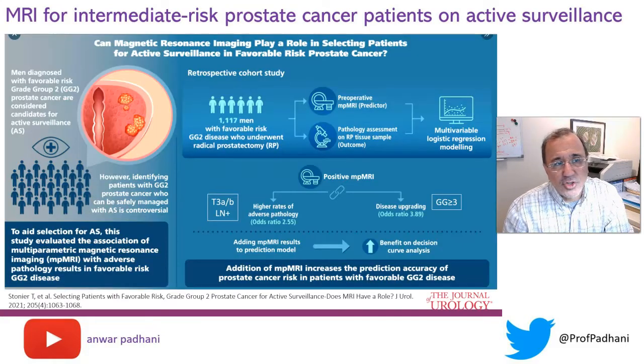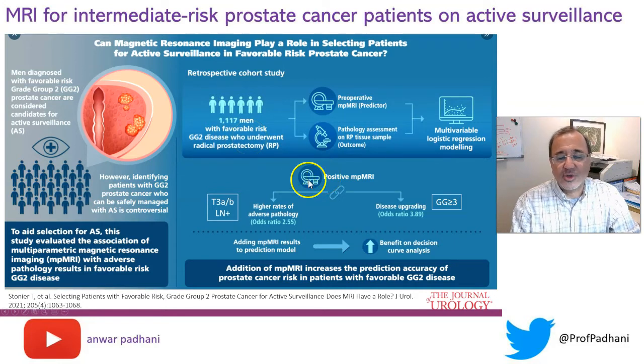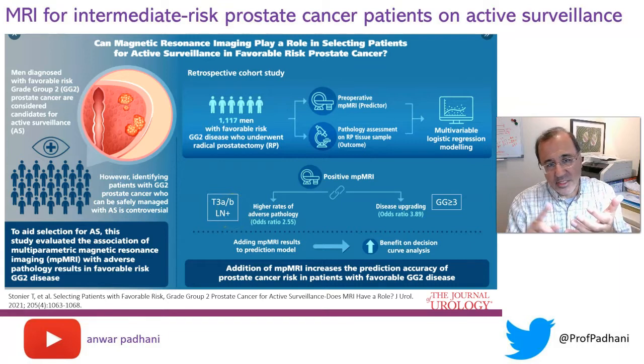And this has been shown in multiple surgical series. And here's a recent example. These were men with favourable intermediate risk prostate cancer, and you can see if you had a positive MRI, you were much more likely to have adverse pathology on the prostatectomy specimens, so either T3A or T3B disease or lymph node positivity.